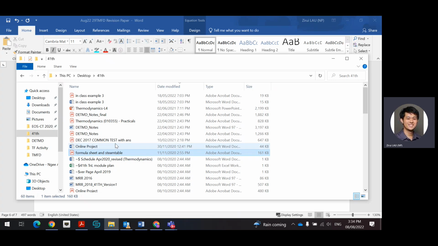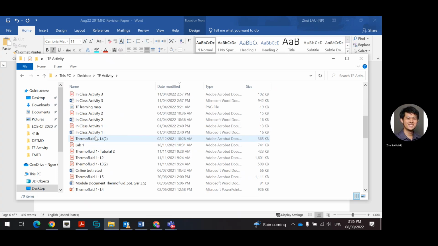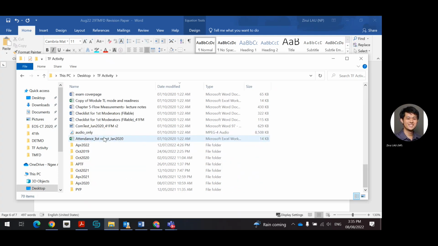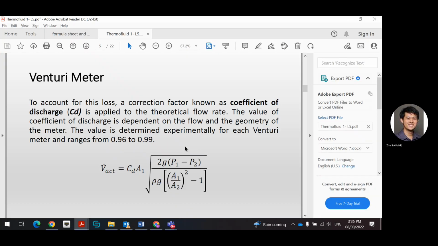Just double check. I think the equation should be correct also.